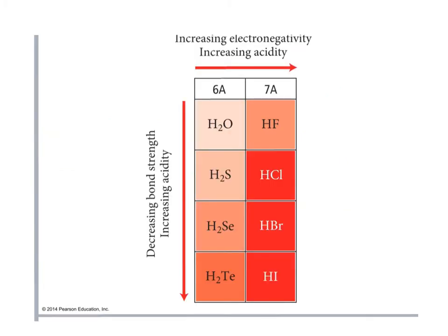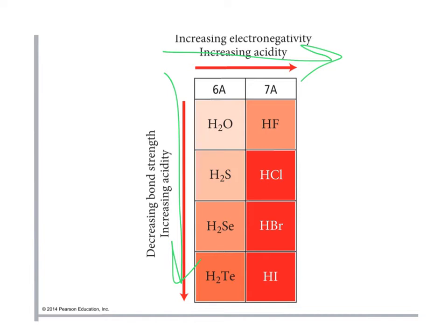So electronegativity, the increasing electronegativity is going to increase the acidity, and that's kind of on the x-axis, if you will. On the y-axis, the decrease in bond strength is going to increase acidity.